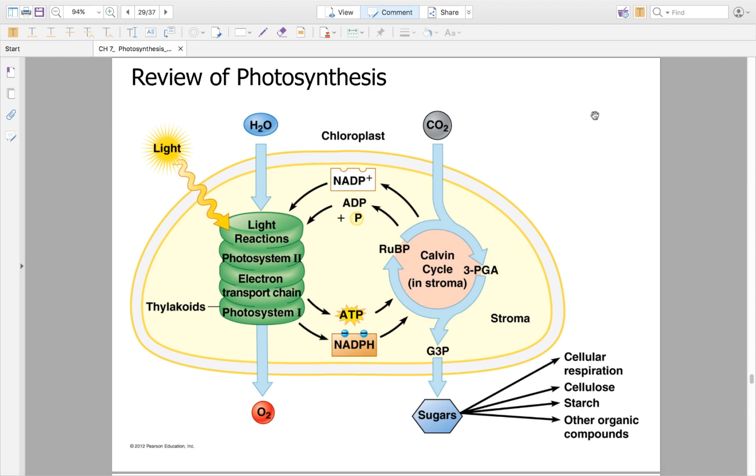Okay, so that's the overview of photosynthesis, and this is a good review to go back to.